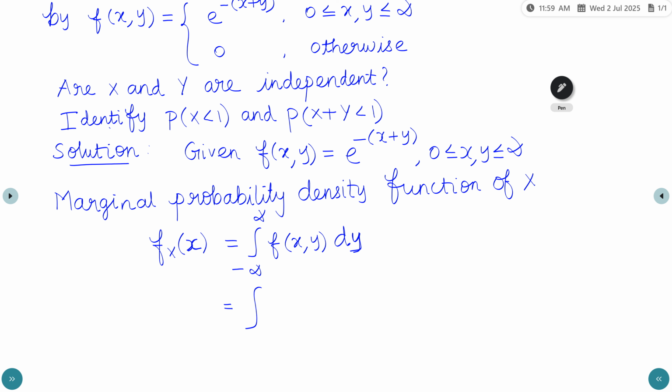Here f of x comma y is given as e power minus (x plus y), where x and y values are between 0 and infinity. So the integral from 0 to infinity of e power minus (x plus y) dy.